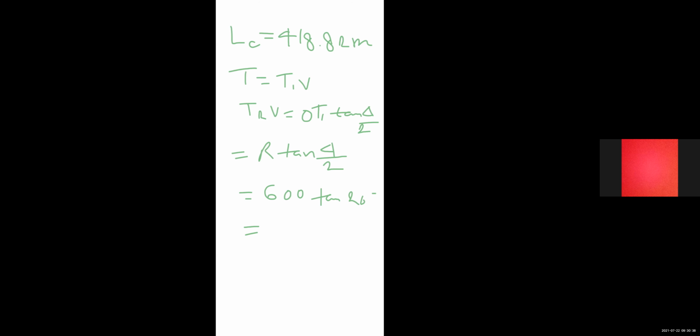Put the value of tan 20 degree and R equal to 600.